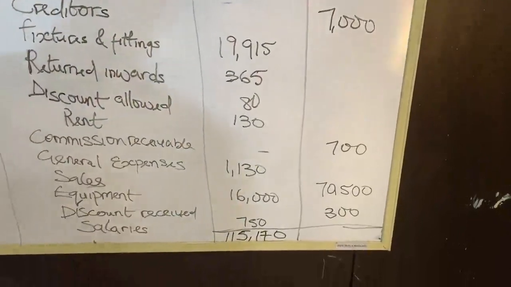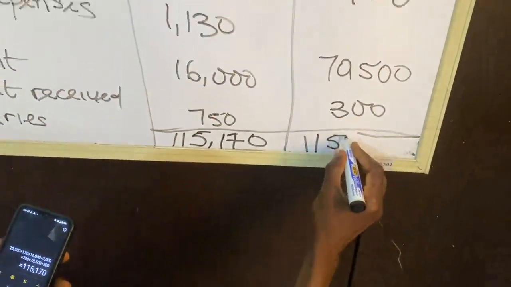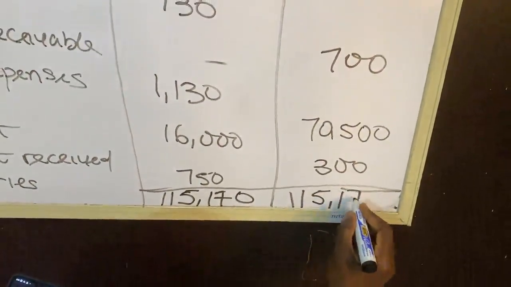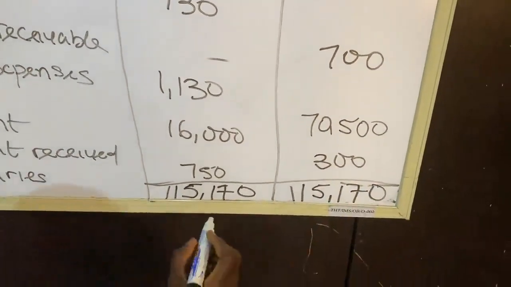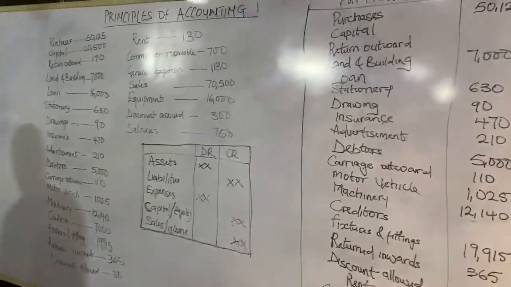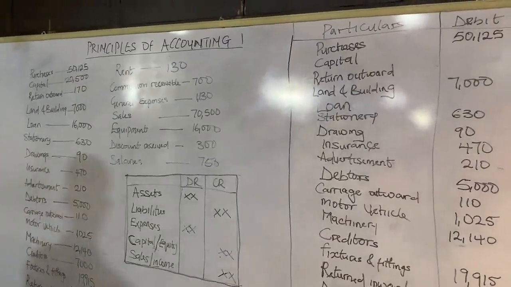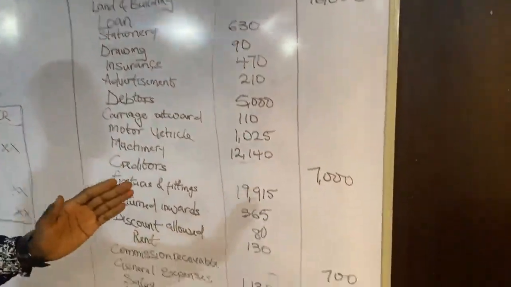We also get 115,170. So this is just what trial balance tells you, that the amount in the debit side must be equal to that of the credit side. What you get in the debit side must be equal to what you get in the credit side.